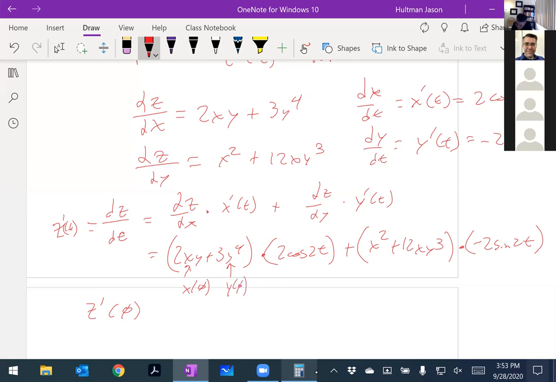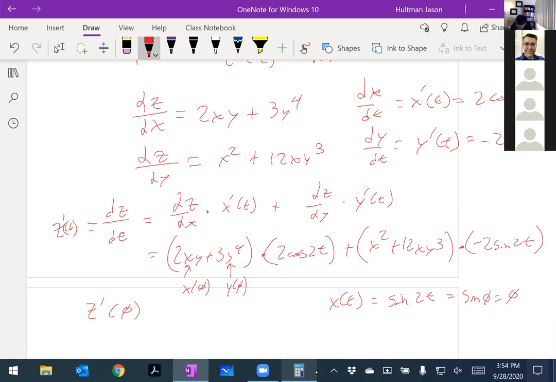So let's go to the other side here. x of t was equal to sine 2t. When t is 0, the sine of 0 is 0. Nothing's just going to go to 0.